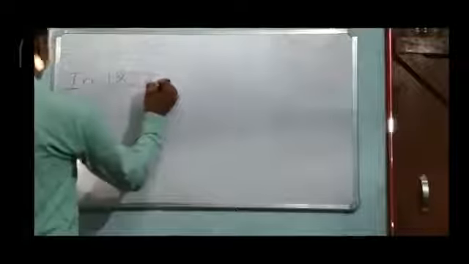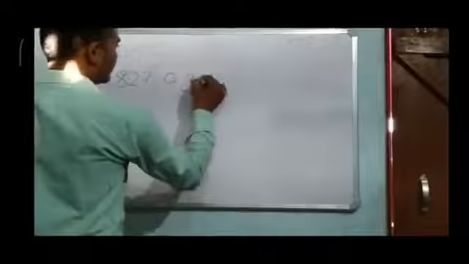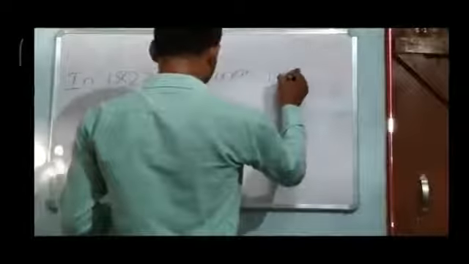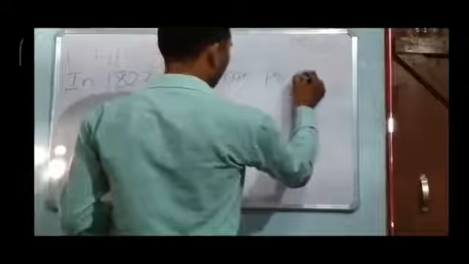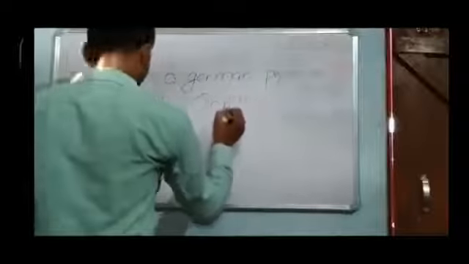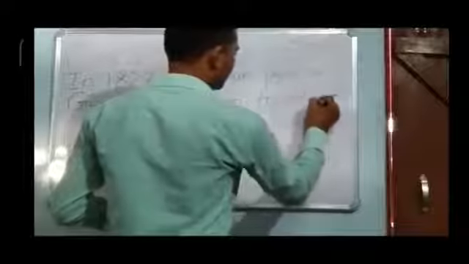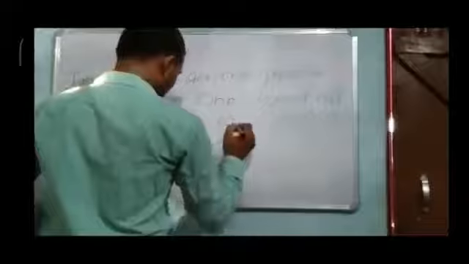In 1827, a German scientist named George Simon Ohm found out the relationship between the potential difference and the current.